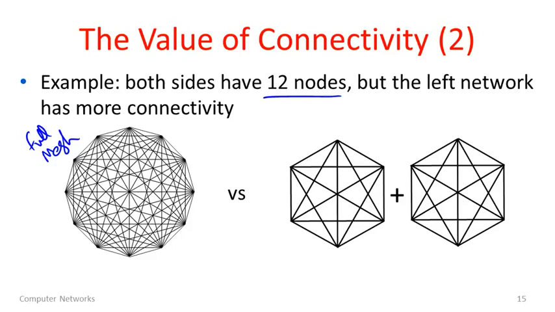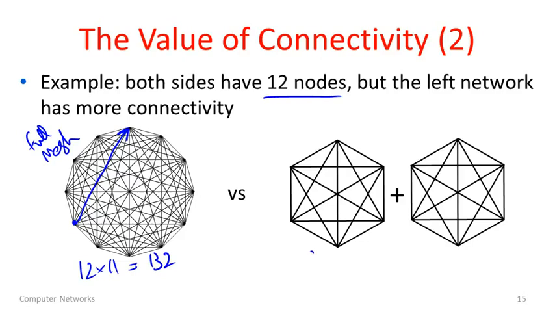We think about the number of connections in it. Well, from each node here, there are 12 of them, we can connect to up to 11 other nodes. Here's one connection here. This is like a unidirectional connection from one node to another. If we consider that, then we have 12 times 11. That's 132 different connections on the left-hand side. On the right-hand side, we have two 6-node networks.